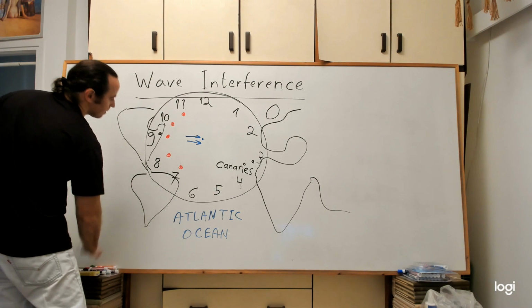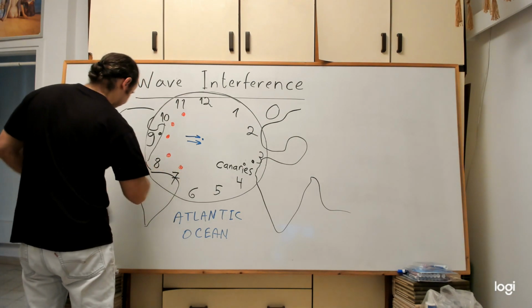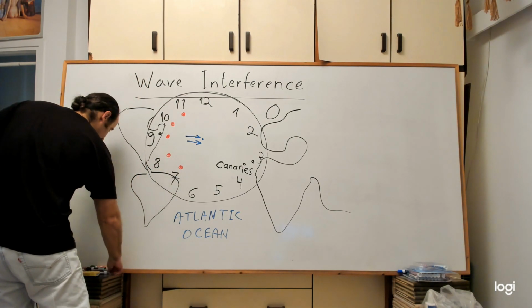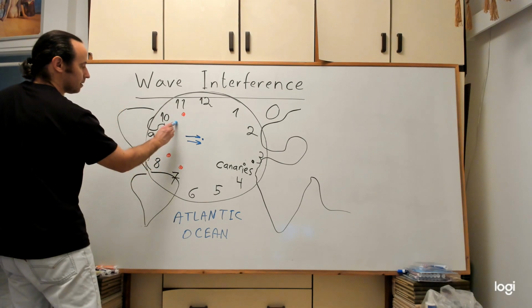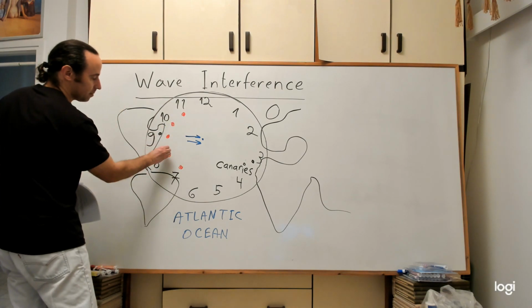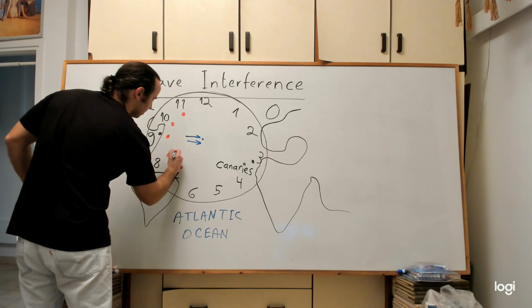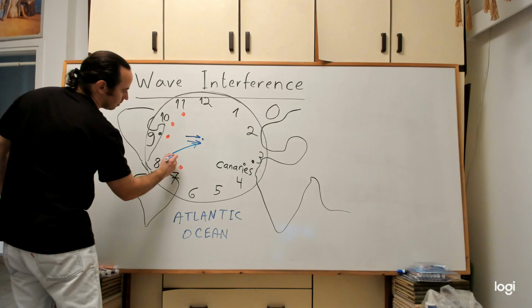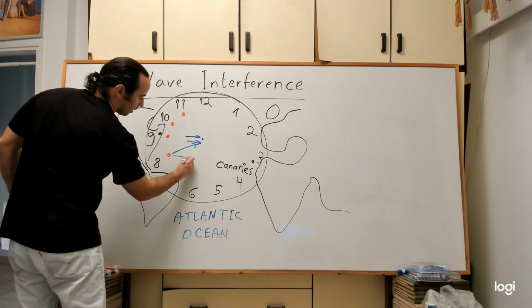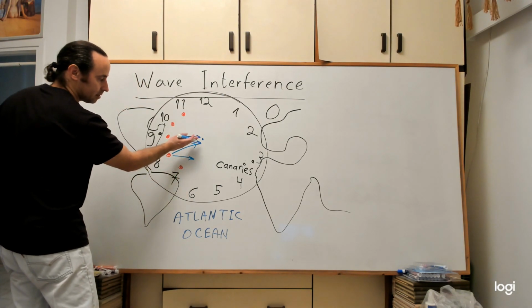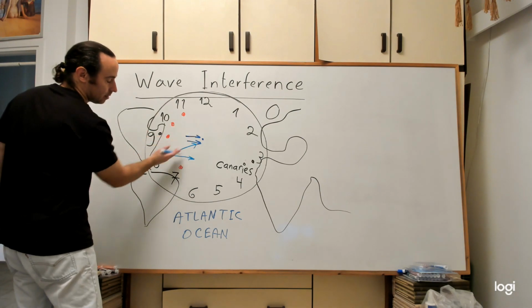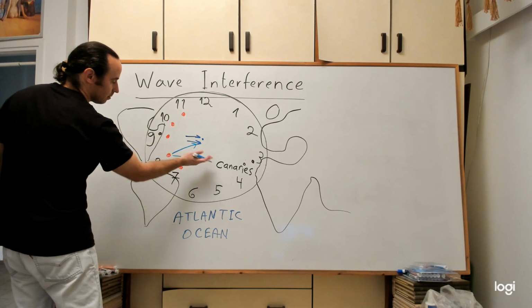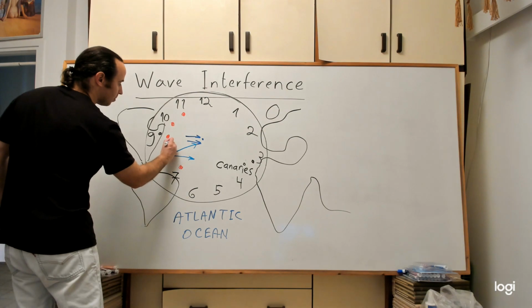In the same way, we have the 8 o'clock and the 10 o'clock. If this bomb explodes, it makes an arrow to here, so it has a component. We can split this diagonal component into straight to the right and also straight up.